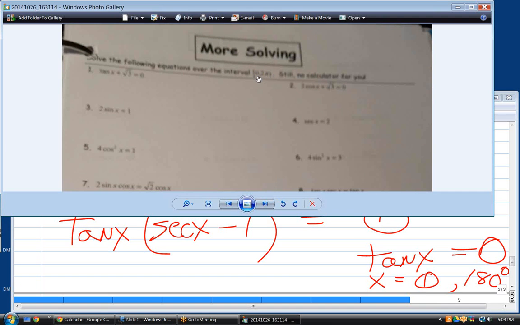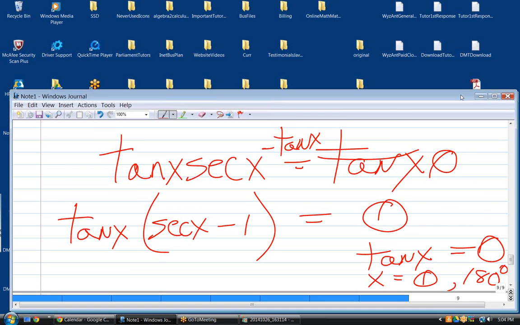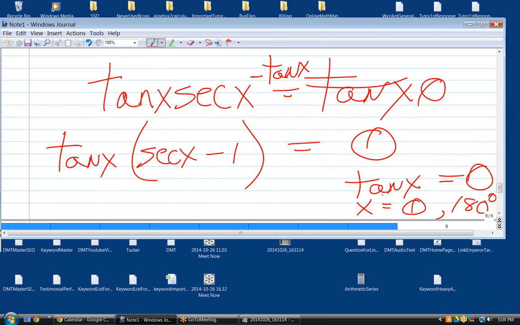Is it on the 0 or the 2 pi? Yeah, the parentheses are on the 2 pi, the brackets with the 0. So that means we can't include 2 pi as a solution. So therefore, the solution here is 0 and 180 degrees. We had 0 twice. Okay.